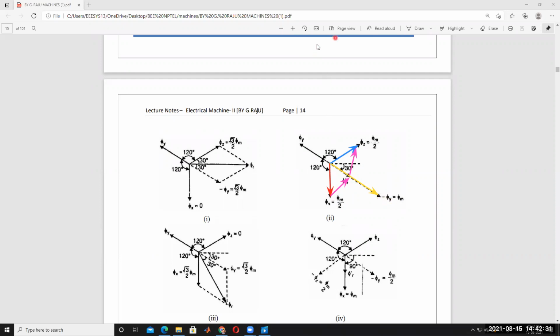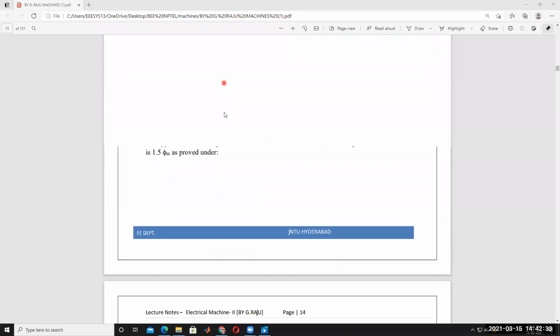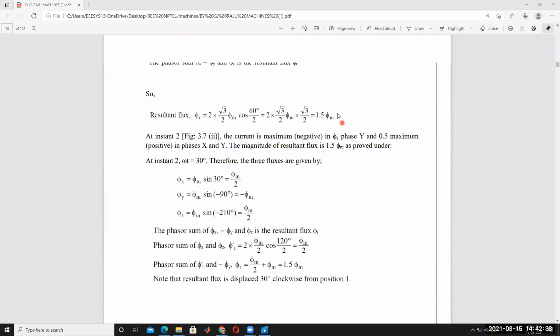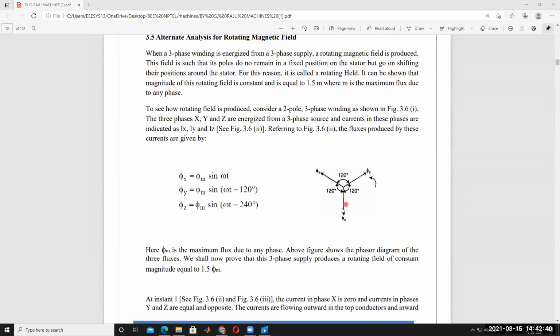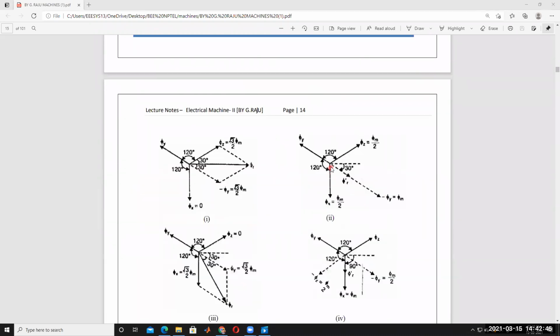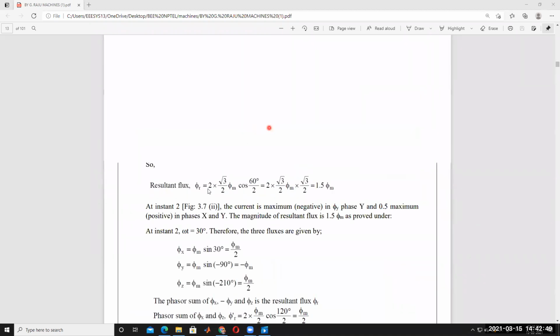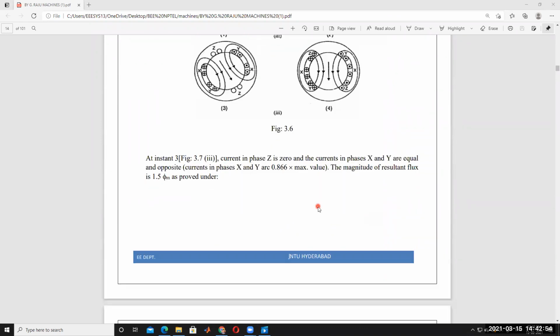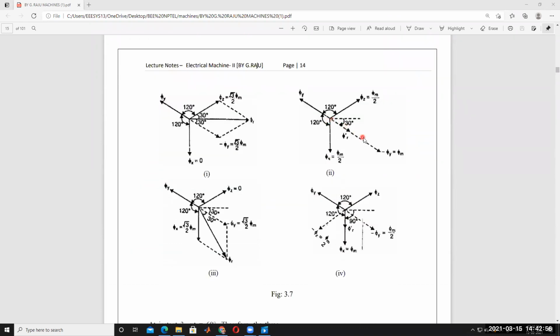It's clear. So first, by substituting omega t is equal to 30 degrees, phi m by 2 is the same as the reference, but 50% is the magnitude of this. So in this direction, phi m by 2. And then phi y is equal to minus phi m, so in this much magnitude, phi y is opposite, minus phi y in this direction.